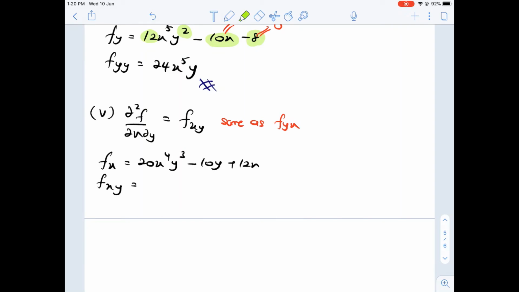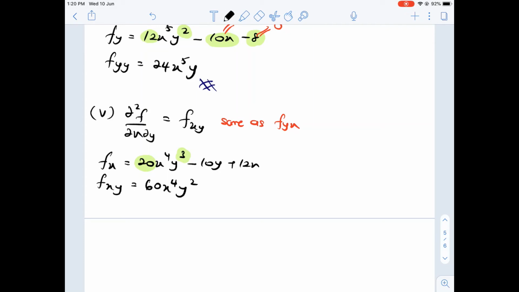So we consider the power of y here, 3, multiply with 20, we get 60. x to the power of 4 is just a constant, so just copy it down, x to the power of 4, y cubed, so 3 minus 1 becomes y squared.